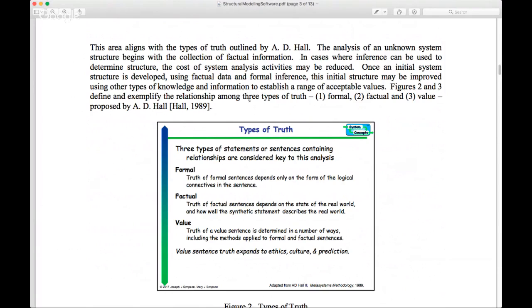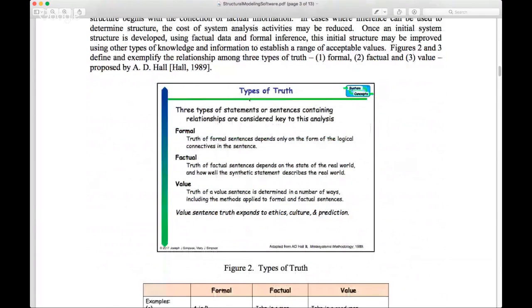So all three of these types of truth apply to the activity of structural modeling. And what we hope to do now is to start developing a little bit more of a discourse, a conversation about how these three types of truth can be addressed and used in sequence or concurrently to achieve certain goals.